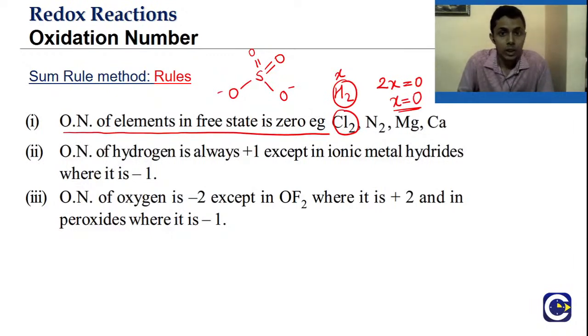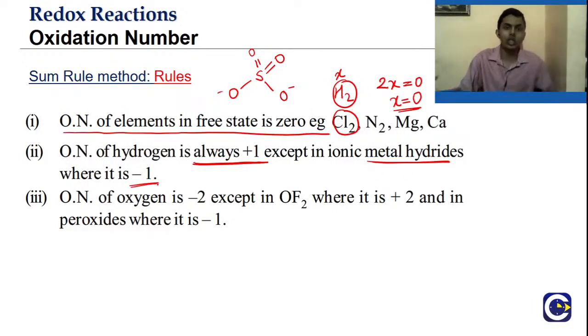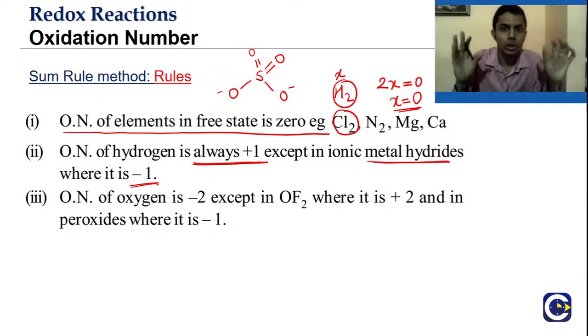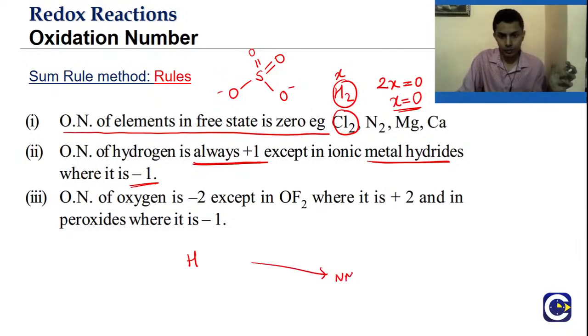Second one, oxidation number of hydrogen is always plus 1, except in case of metal hydrides. Why in case of metal hydrides is it minus 1? Because one thing you should know is that oxidation number has something to do with electronegativity. So when you compare hydrogen with non-metals, hydrogen will have plus charge.